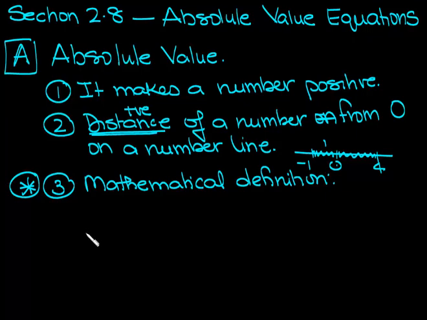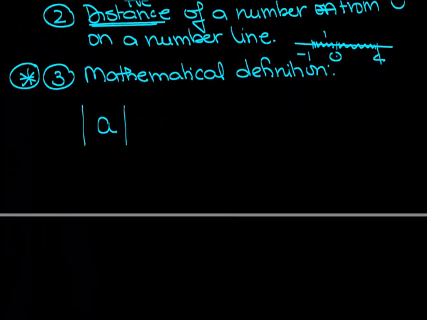Okay, so let's think about it. Absolute value is always denoted by two vertical bars. So if you take absolute value of some number a, where a is any number, for example, a could be 5, a could be minus 1, and so on. Okay, so I want to find the absolute value of a.